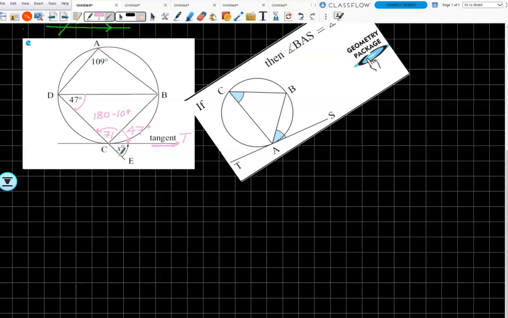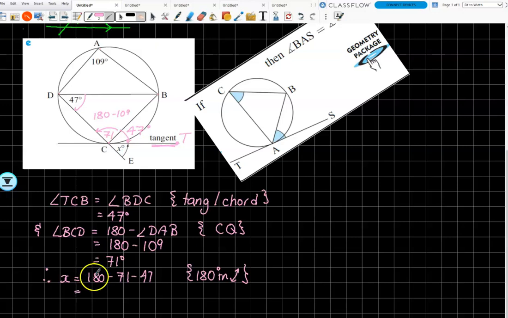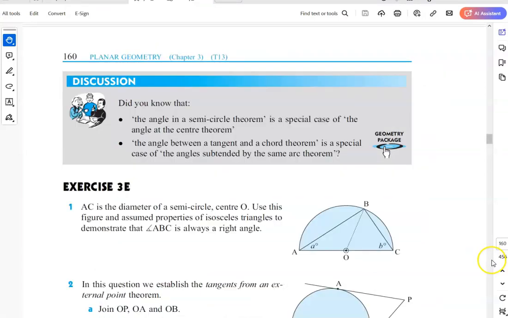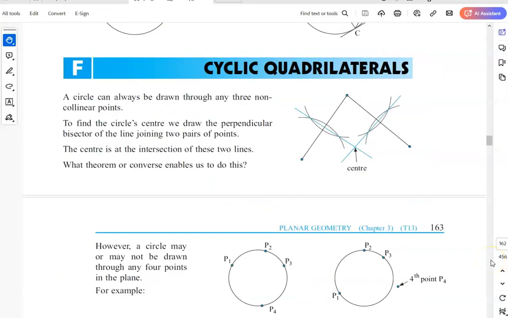Feel free to rotate your paper to match it up. So I was a bit sloppy with this bit, not saying angle, whatever, but people should be able to follow that along.